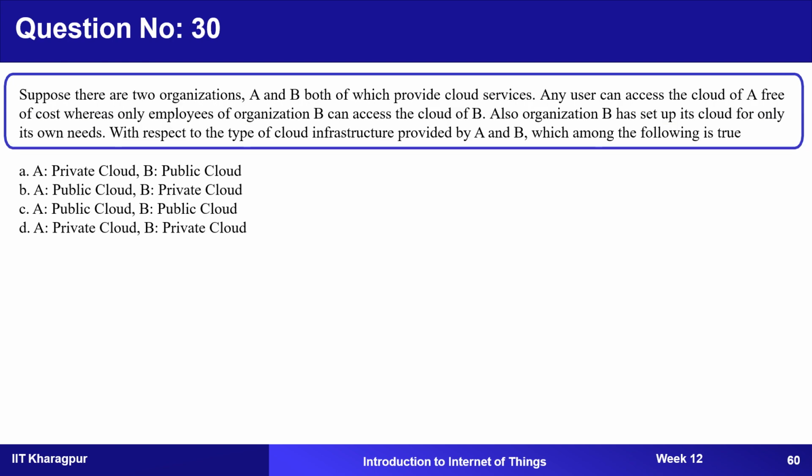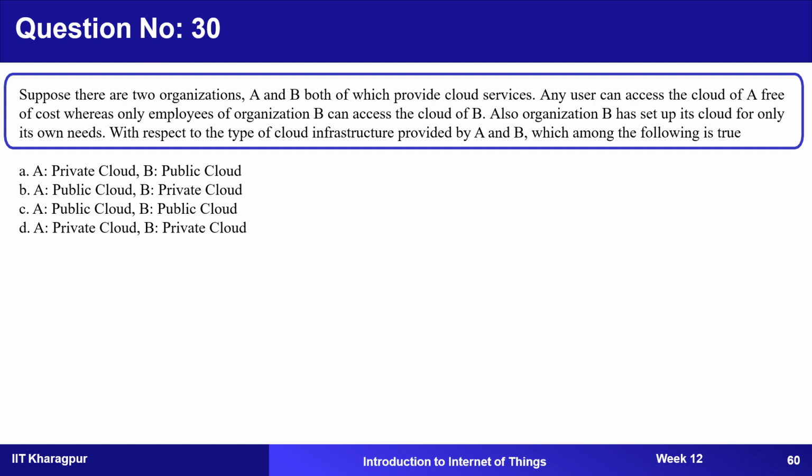Next question is, suppose there are two organizations A and B, both of which provide cloud services. Any user can access the cloud of A free of cost, whereas only the employees of organization B can access the cloud of B. Also, organization B has set up its cloud for only its own needs. With respect to the type of cloud infrastructure provided by A and B, which among the following is true?